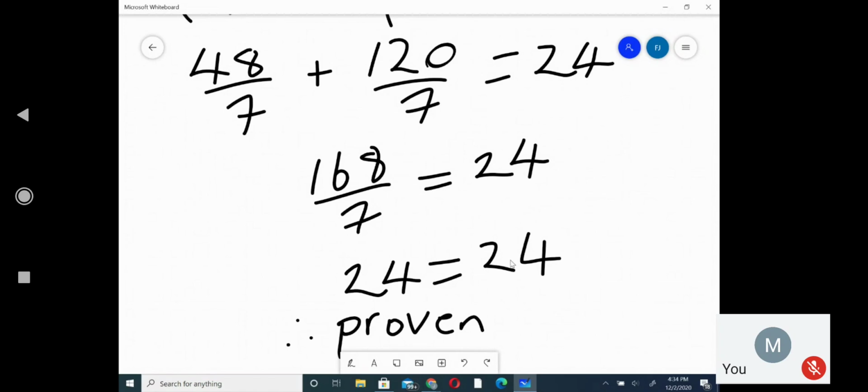The reason it is a little bit lengthy, the proving part of it, is because we're working with fractions. As I said, your questions are generally not this complex, unless perhaps they're marking for 5 marks or 7 marks, or probably even 10 marks, you might get a question like this.